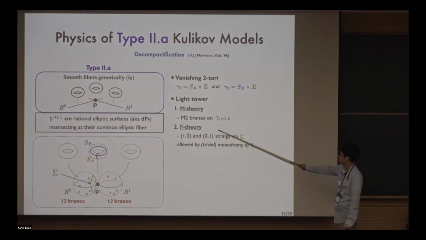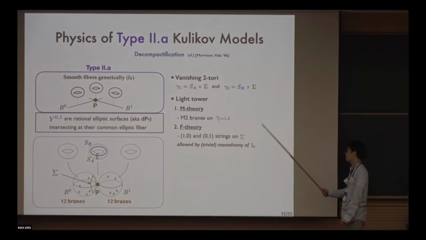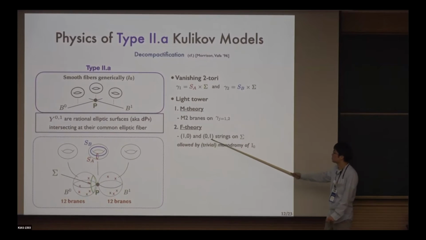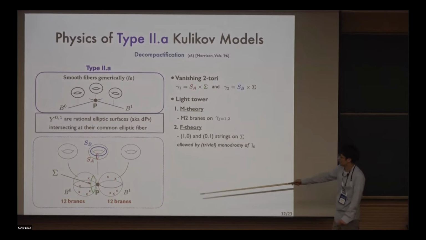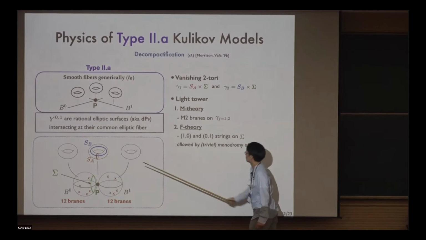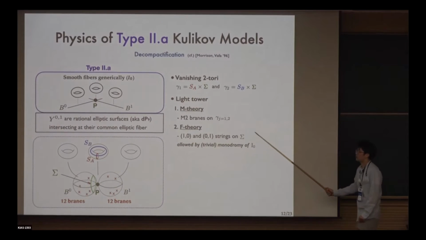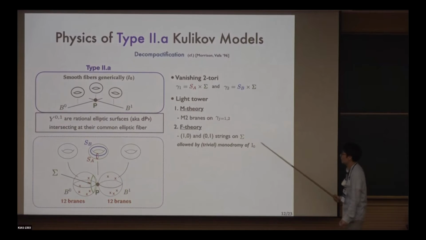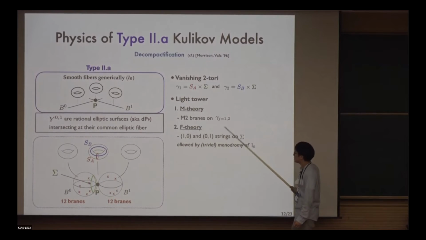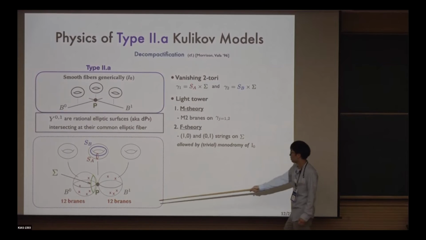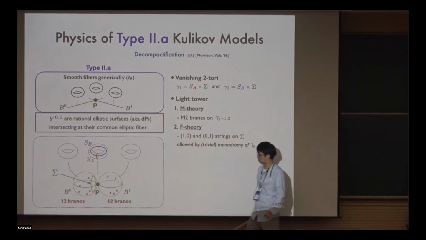And also in F-theory, these towers can be interpreted as (1,0) and (0,1) strings winding around this base 1-chain sigma. So again, we get a pair of light particle states, and both of these windings are allowed here by the trivial monodromy at this point P.